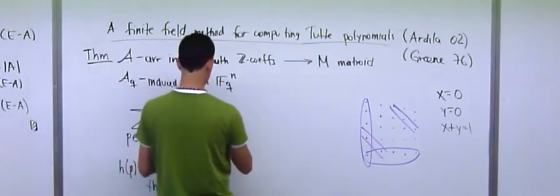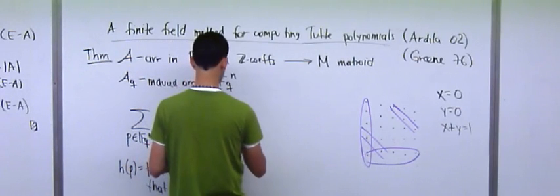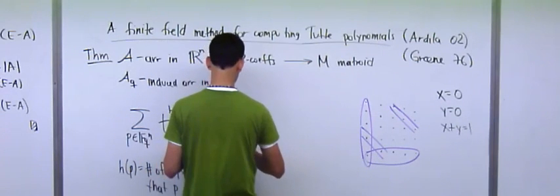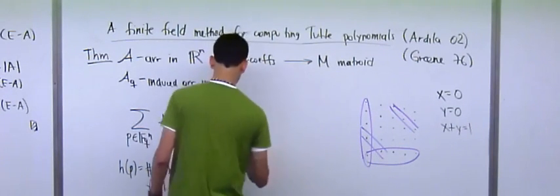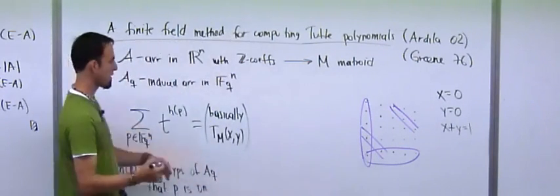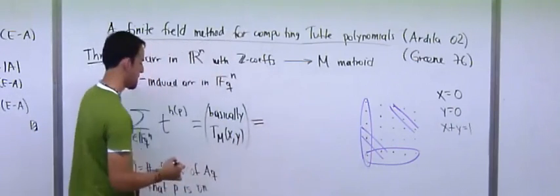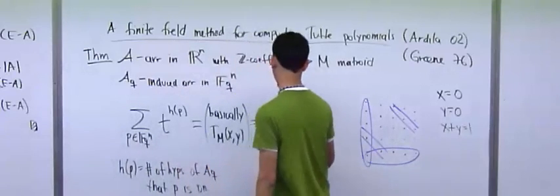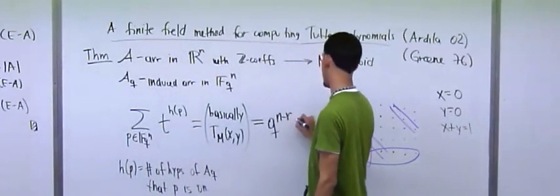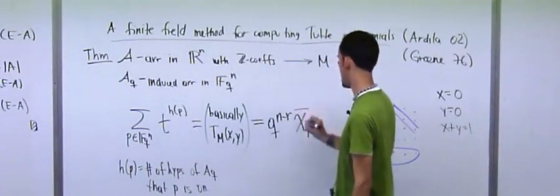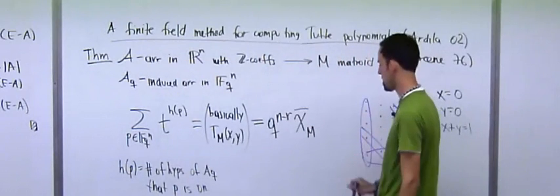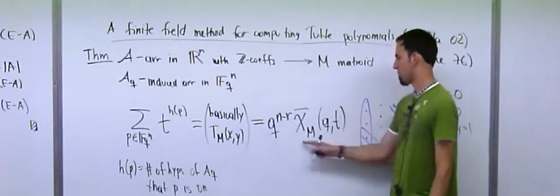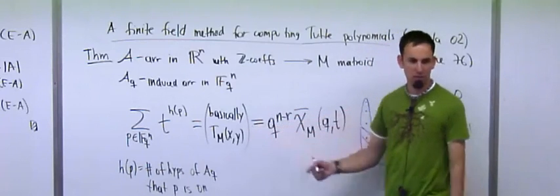So let me say basically the Tutte polynomial, this is really what you should think. And if you want to know precisely what this says, it says that this is some other polynomial, which I'll define in a second, which is basically the same thing as the Tutte polynomial.